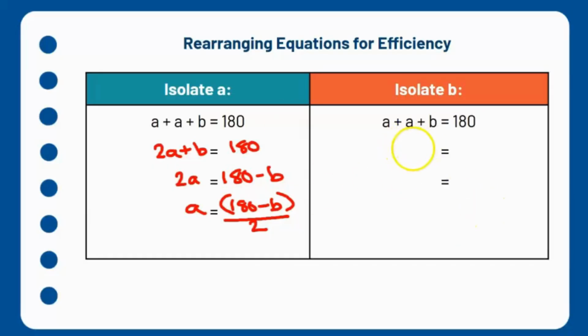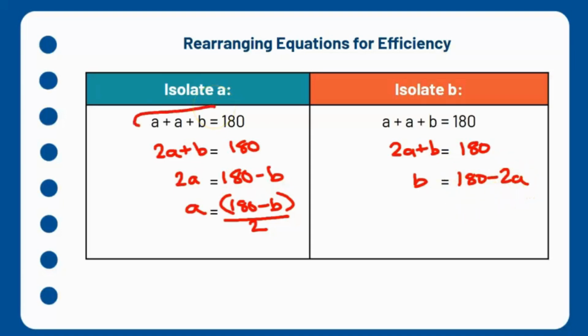On this side, we want to get B by itself, so we can combine like terms and have 2A plus B equals 180. In order to isolate B, we know we need to subtract 2A from both sides, so we're going to have B equals 180 minus 2A.